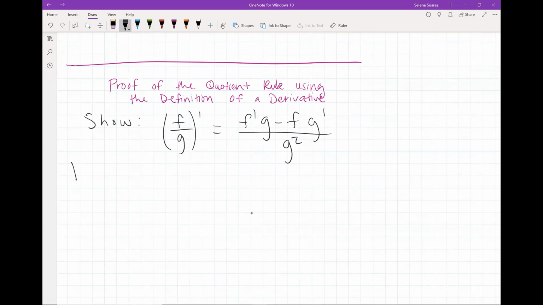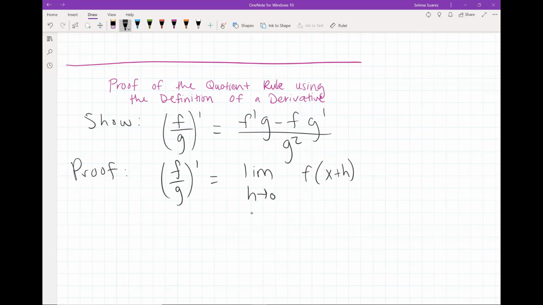Now my proof is going to start with basically plugging this into the definition that I just stated above. So we have the limit as h approaches 0. If we plug that in, we get f of x plus h over g of x plus h minus f of x over g of x, and then at the bottom we just have h.